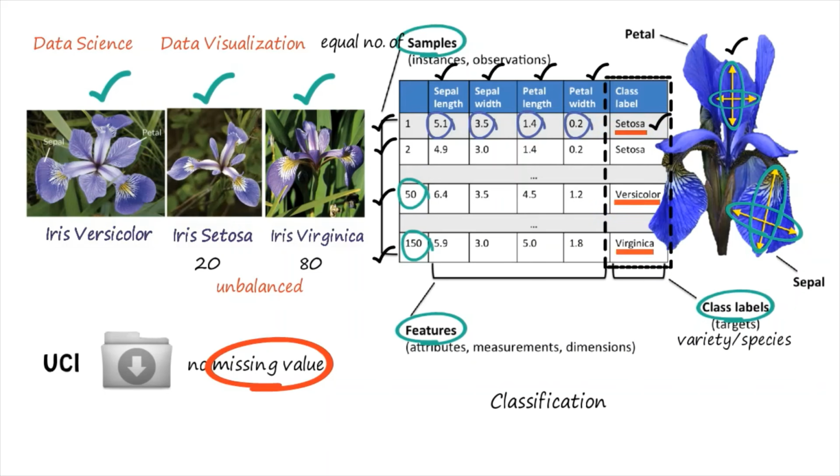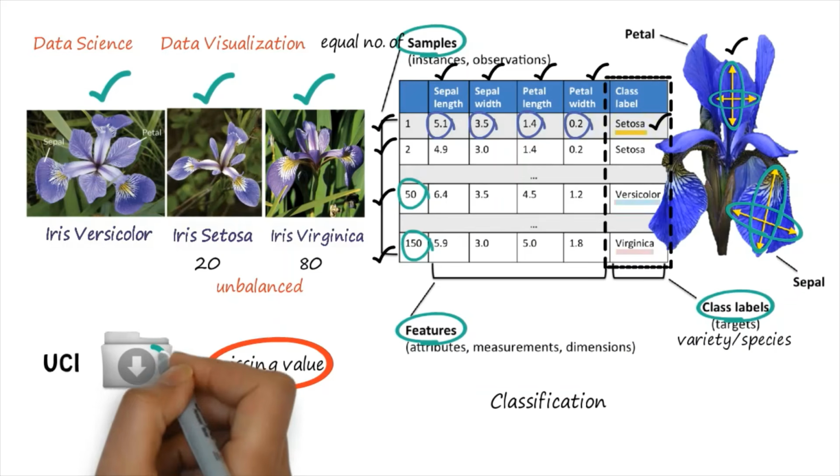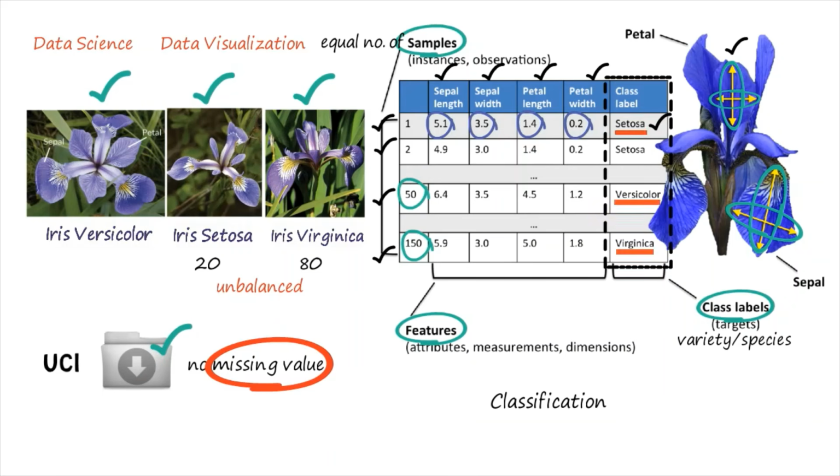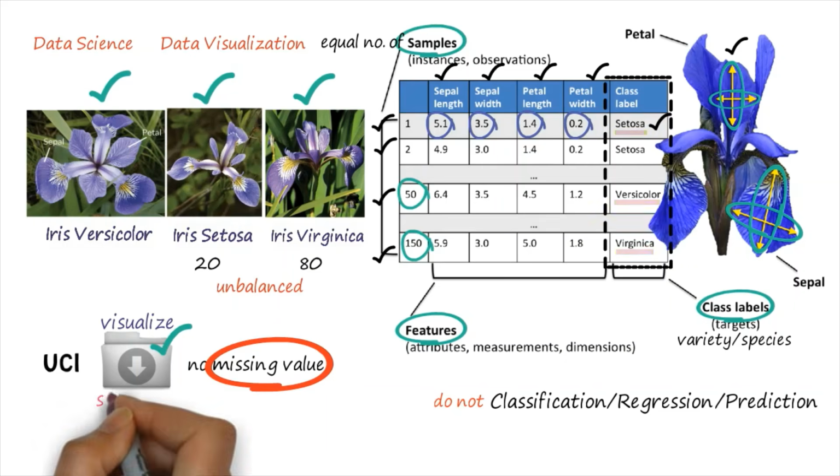Please make a note: whenever a data set is given to you, in our case collected from the UCI machine learning repository, do not go for the task directly. Do not go for classification, regression or prediction. Do one thing: visualize the data set and try to understand its underlying statistics.